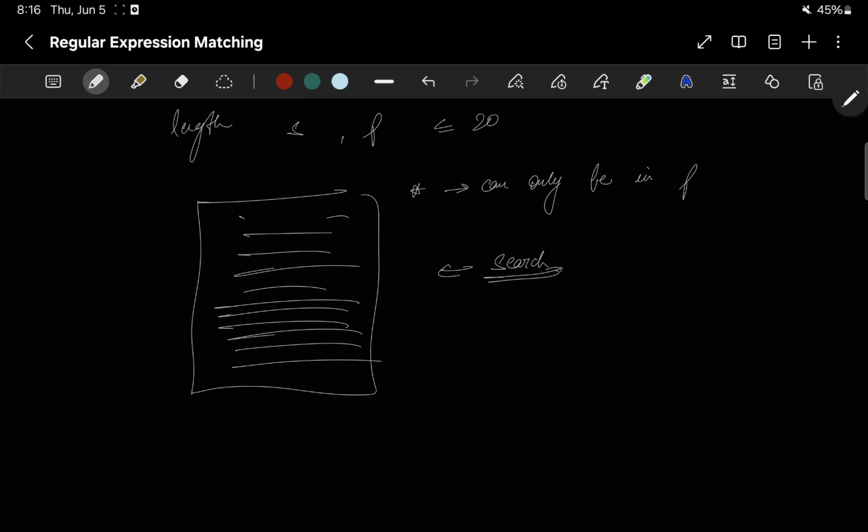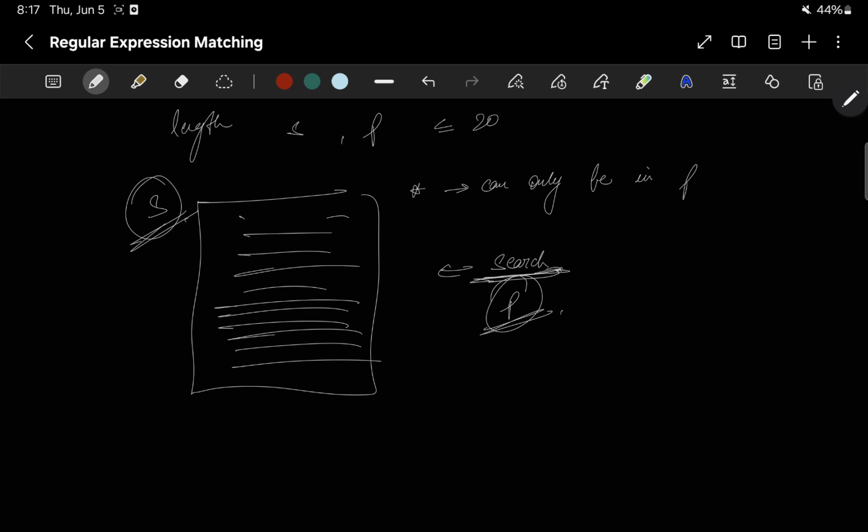This document is S and this search query is P, right? If you have used SQL, you would be familiar with this regular expression searching. I think it's called a command or operator, something. I don't know what it's called, but it's there.